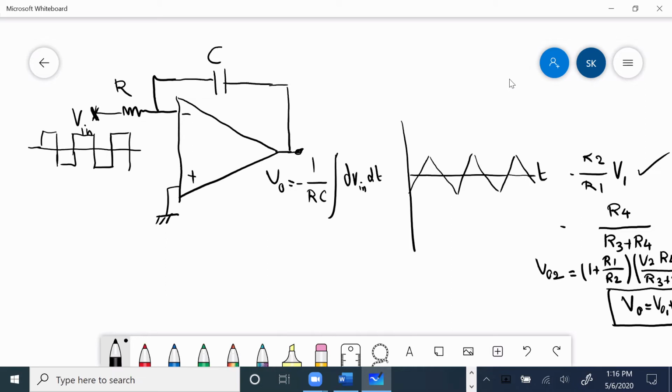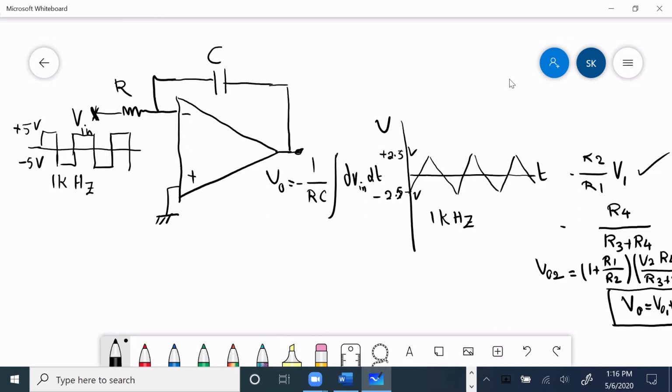This is T, this is V. And we also showed that if this is plus 5 volt to minus 5 volt, this is plus 2.5 volt to minus 2.5 volt. I mean, this was only at 1 kilohertz frequency, 1 kilohertz, and we also saw the lab for it.